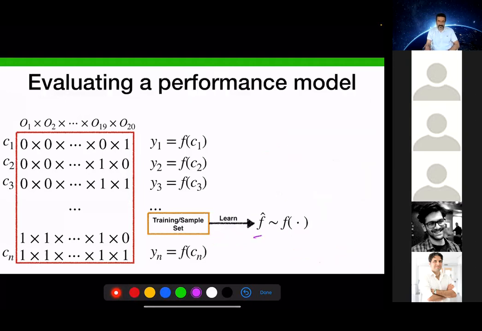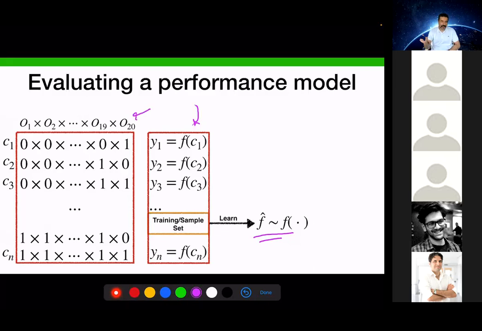Then once we learn this function approximation, we can test how good it is, because we have the ground truth for many configurations. If you are talking about a smaller configuration space, maybe we are able to measure all of these configurations. If you are talking about larger, for example, for 20 options, we know that these are binary, we have 2 to the power of 20 configurations. It is not impossible.